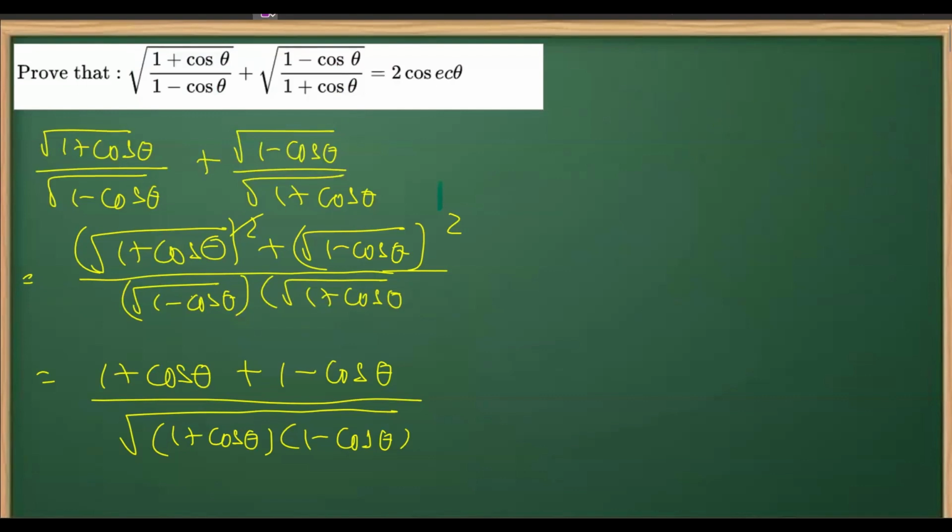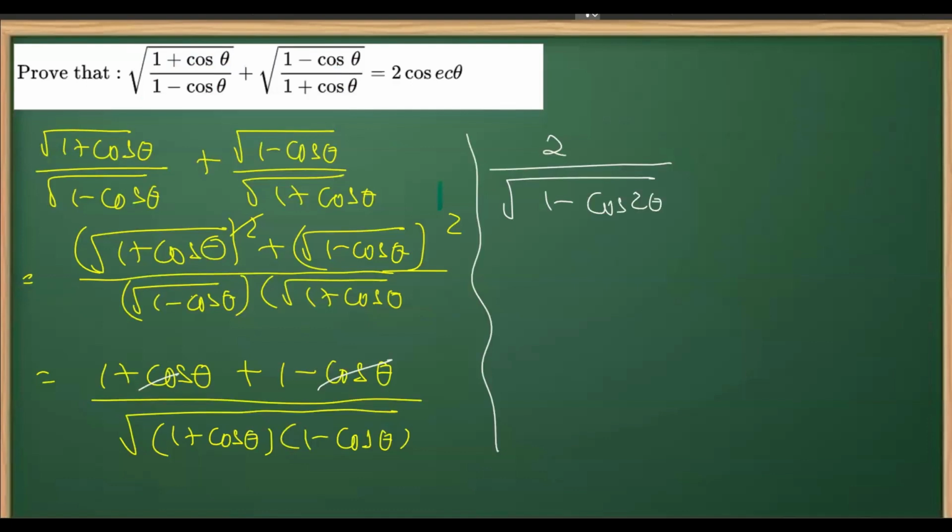For further solving, you can observe that minus cos theta and plus cos theta get cancelled. We are left with 1 plus 1, that is 2, in the numerator. Below, applying A plus B into A minus B is A square minus B square, that is 1 minus cos square theta, which is sine square theta.